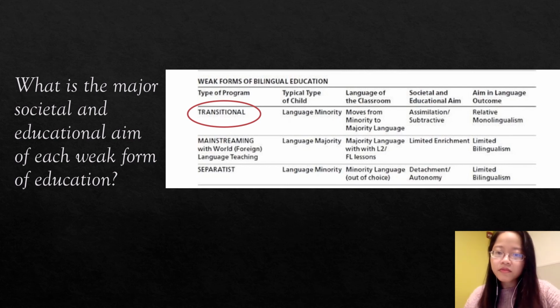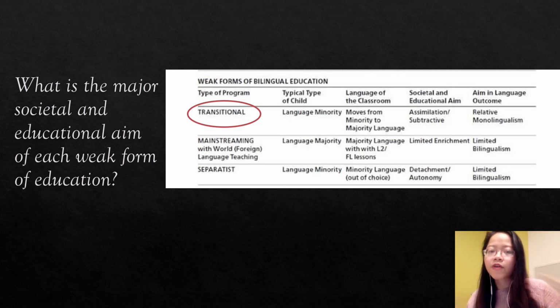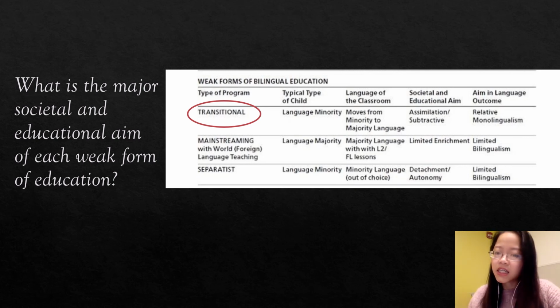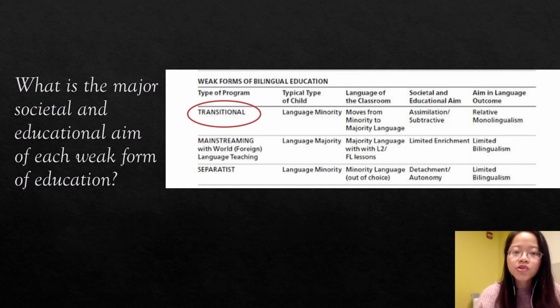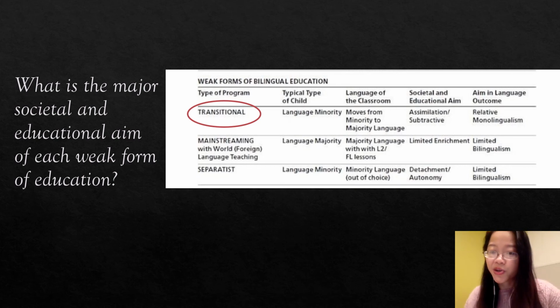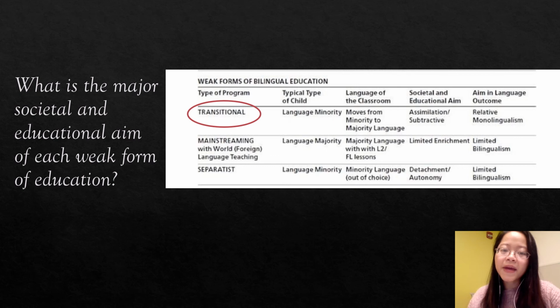So take some time to look at the table and the program. The more common type of the weak form of bilingual education we can see in the United States is transitional, whereas mainstreaming with foreign language teaching is also popular, but I don't think in the United States.